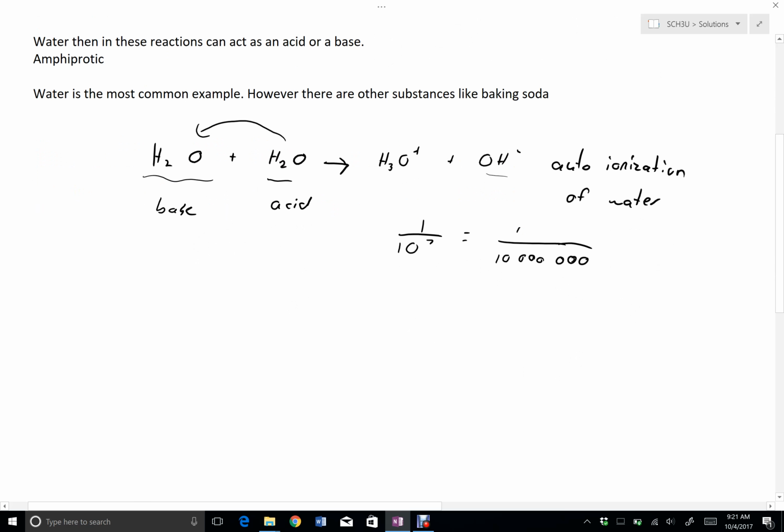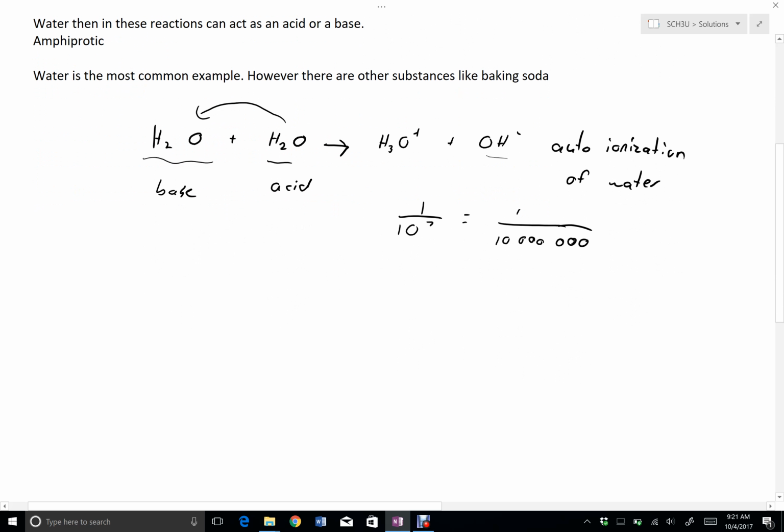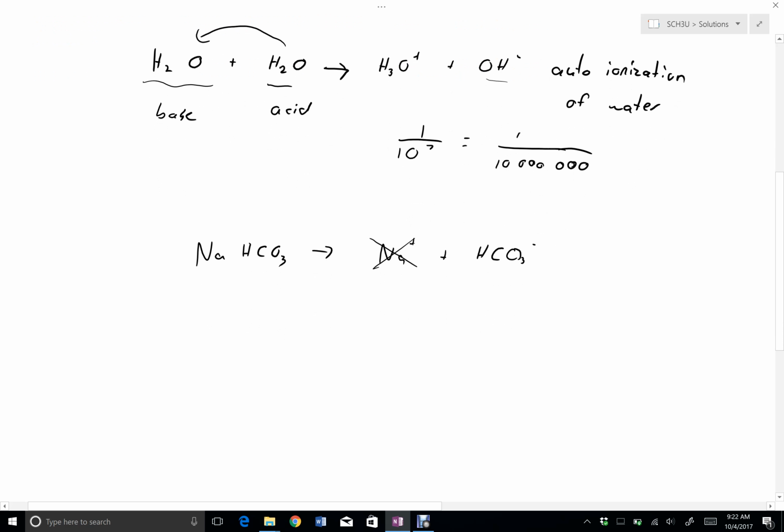It's not the only amphiprotic thing. If we imagine baking soda, NaHCO3, then that would dissociate to dissolve into solution as Na plus and HCO3 minus. So this is baking soda, sodium bicarbonate. It's breaking down into sodium and bicarbonate. And really, we're not too interested in the sodium. He's not interesting. It's the bicarbonate.